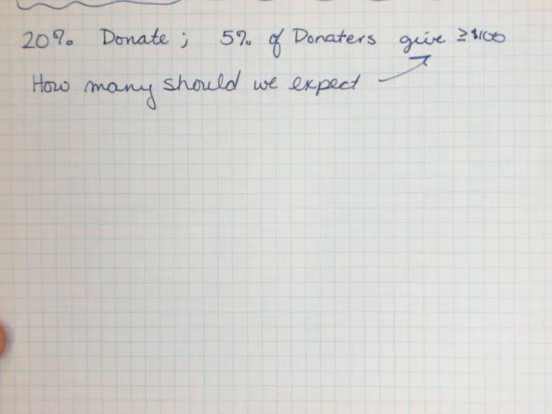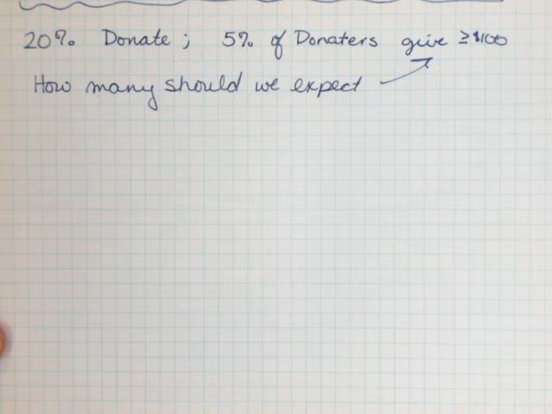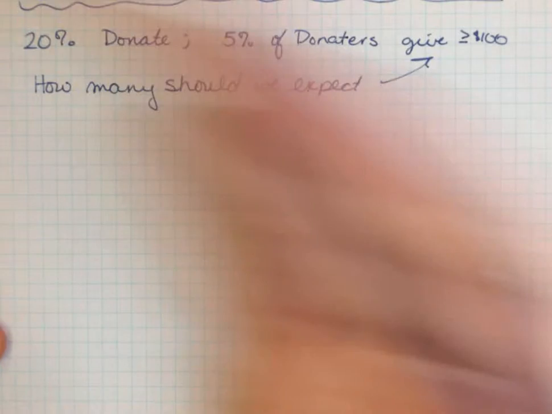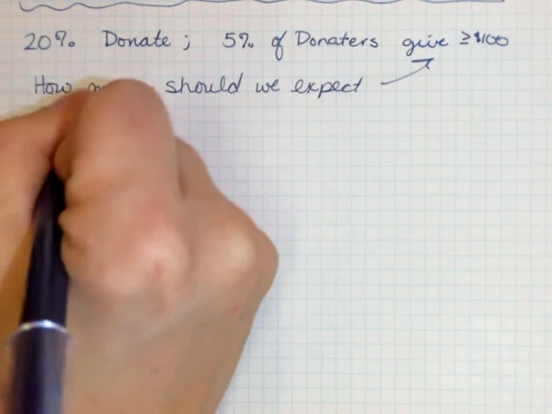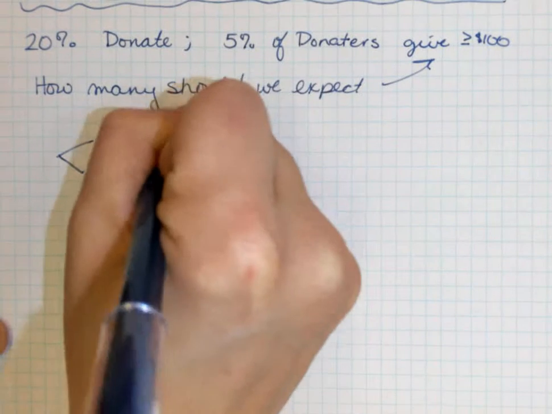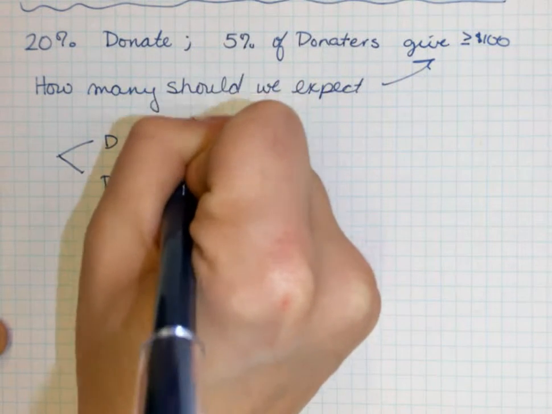What do you need to do first here? Why? Exactly. It is a conditional probability. The first thing you've got is, did they donate, yes or no? And then, did they give more than 100? Yes or no?